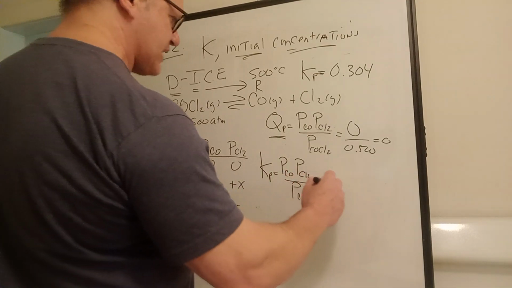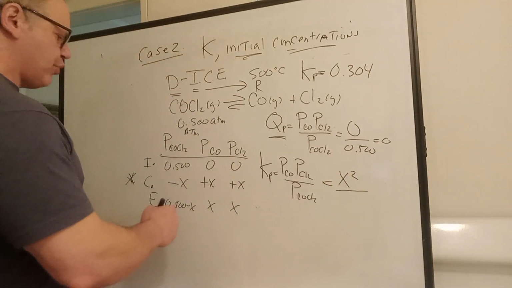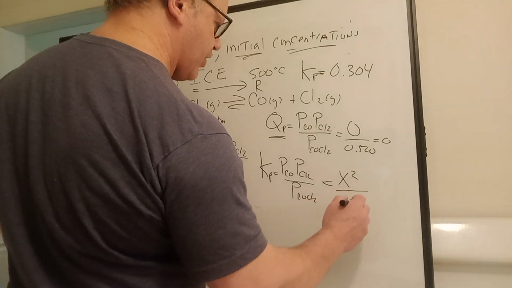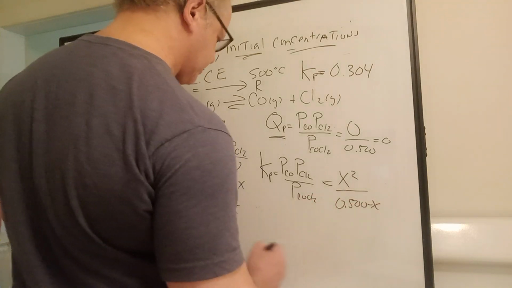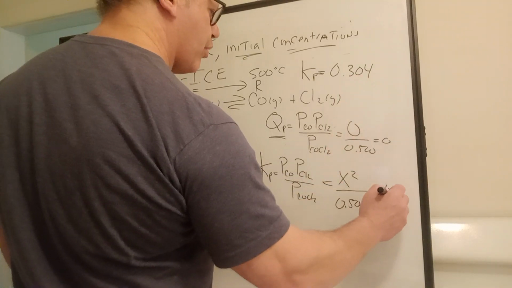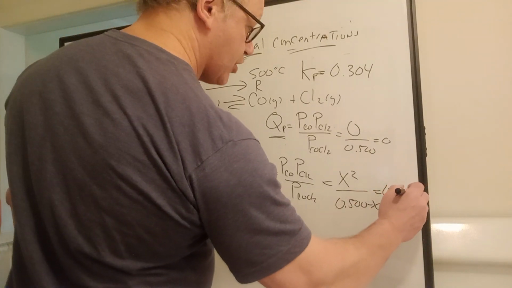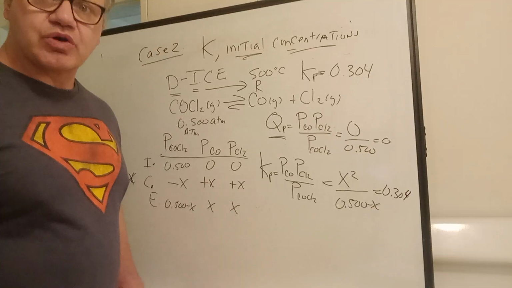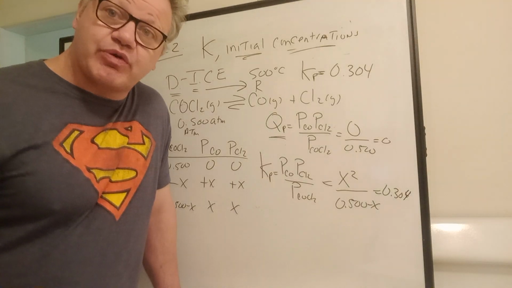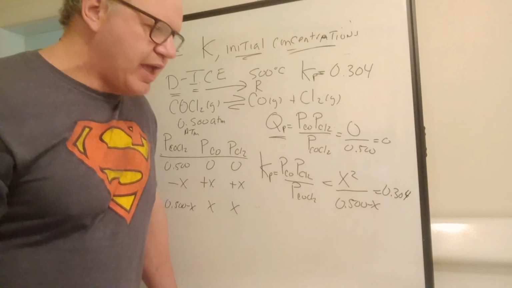So this is going to be x times x, which gives us x squared, and then in the denominator 0.500 minus x, and that's equal to 0.304. Guess what? That's a quadratic equation. If at this point you say, holy crap, I haven't studied the quadratic equation in years or forgot it, go back to the math primer and review that.